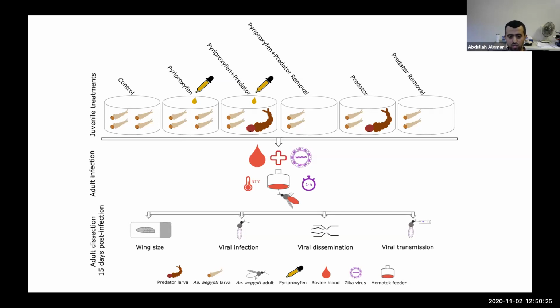The reason for doing this is that we want to ensure that the non-lethal effects on Aedes aegypti traits reflect the absence of predator stress but include density reduction, since density reduction has been found to alter the traits of Aedes aegypti. Then when the adults emerged, we exposed them to a Zika virus blood meal, and 15 days post-infection, mosquitoes were dissected, their legs and wings were removed from the rest of the body, and saliva was collected using a capillary tube to determine the infection.